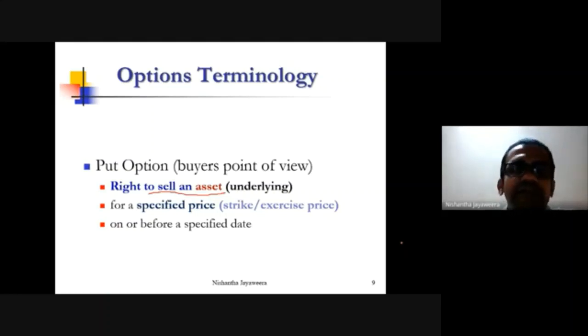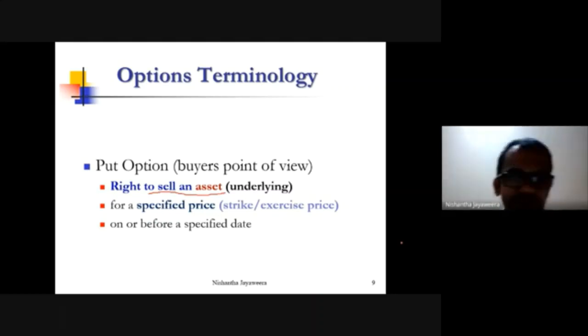Okay, in a put option, as a buyer, you get the right to sell the underlying asset. In a call option, the buyer gets a right to buy the asset. And the specified price and the specified time period are almost the same as the call option.